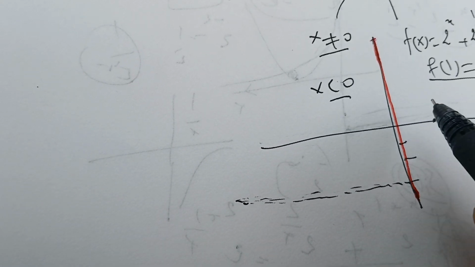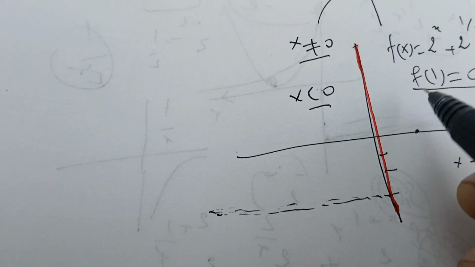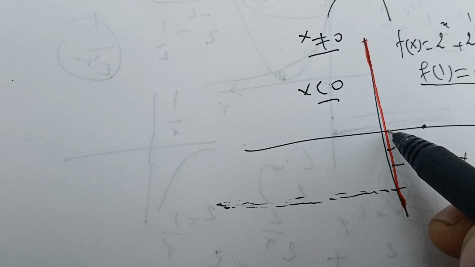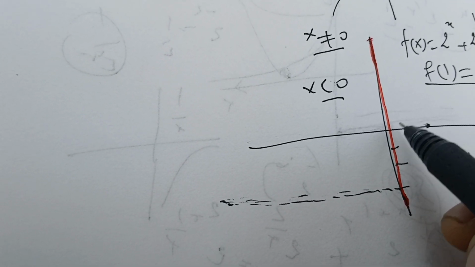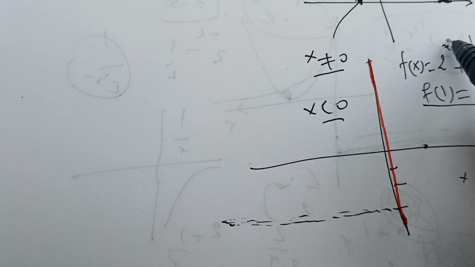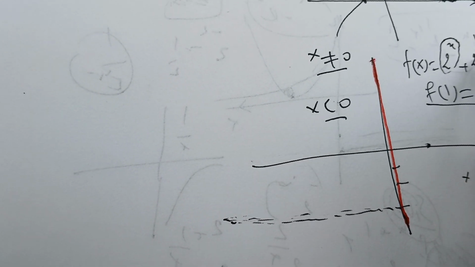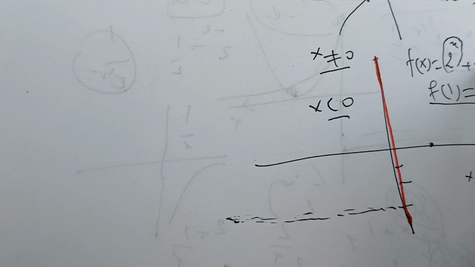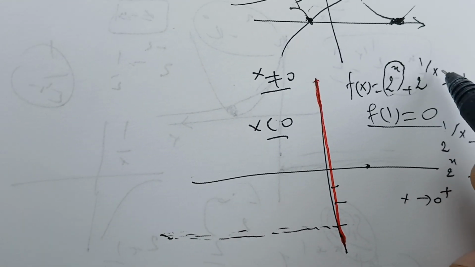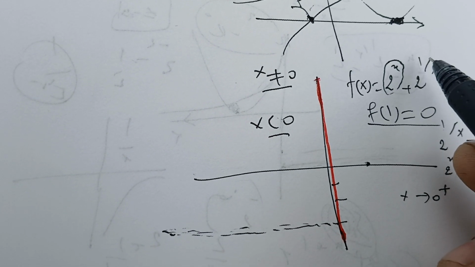But when we check the limit as x goes to 0 from the right, we see that 2 to the power x is 1, and 2 to the power 1 over x goes to infinity.